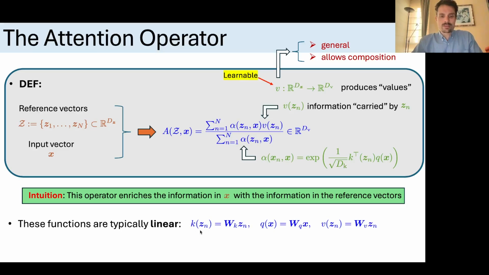And these three functions in total, key, query, and value, are typically linear. So the trainable parameters that we have in an attention operator are these three matrices here.